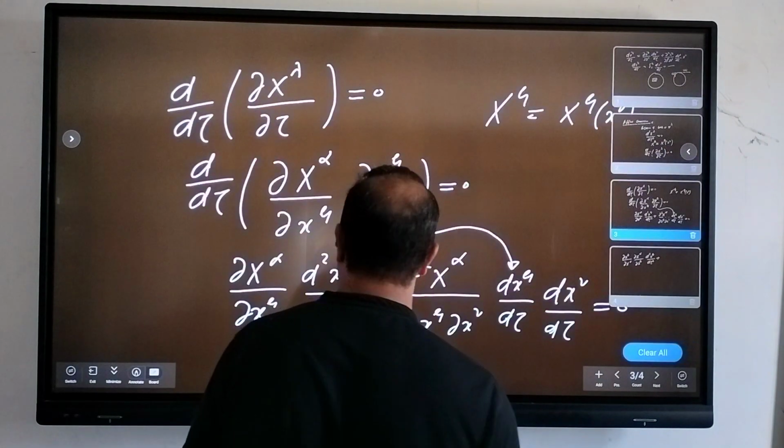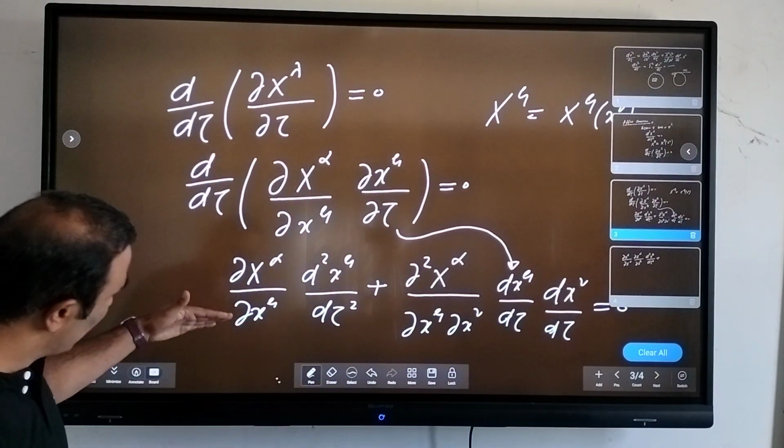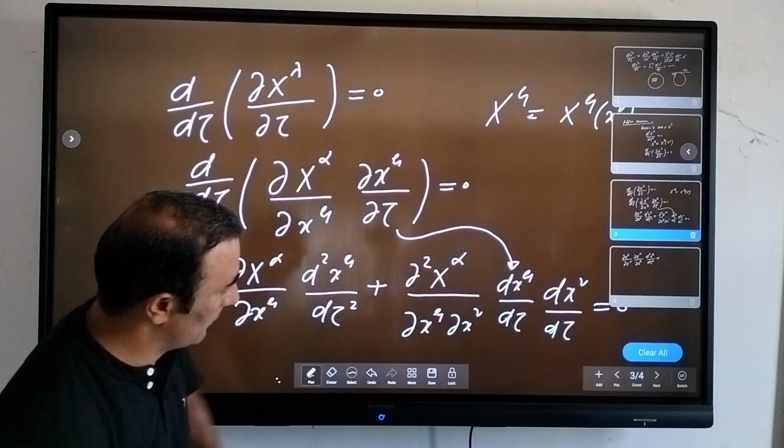So just have a look at this expression. Here I multiplied by partial x lambda by partial x mu. So here I have to multiply, and here also I have to multiply, right?